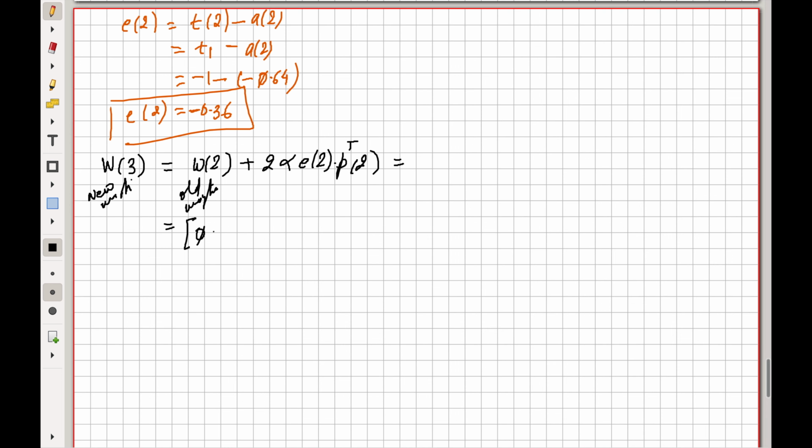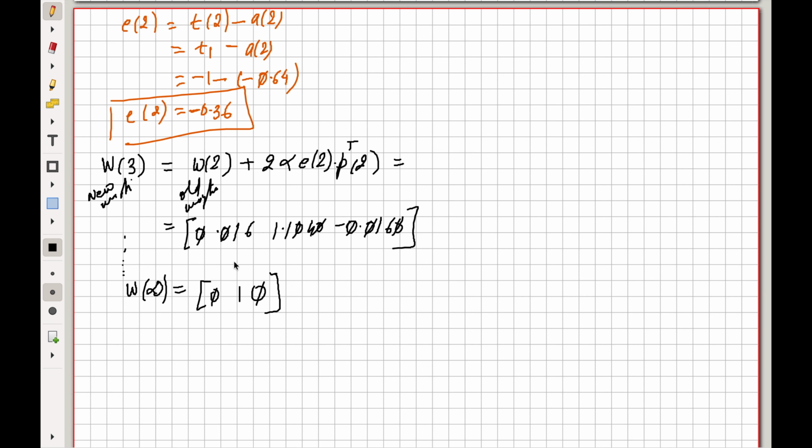We get 0.016, 1.1040, and -0.0160, and so on. You continue this, and eventually the algorithm would converge to W infinity equal to 0, 1, 0. So that is the whole story about convergence for the LMS algorithm.